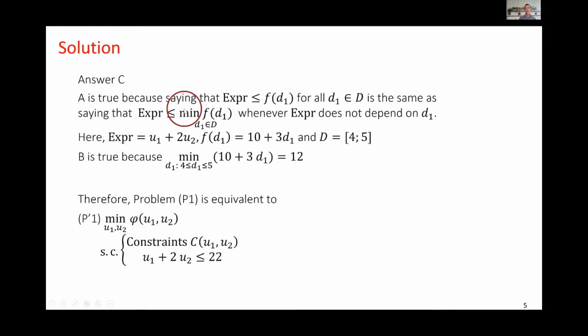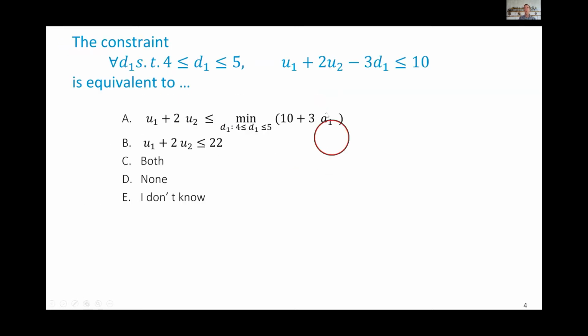So this is exactly what we have here. Our constraint is equivalent to saying that U1 plus 2U2 is less than the minimum of the right-hand side. So A is perfectly correct. Now, this is an optimization problem in one single variable, so it's probably easy to solve. What's the minimum of this?